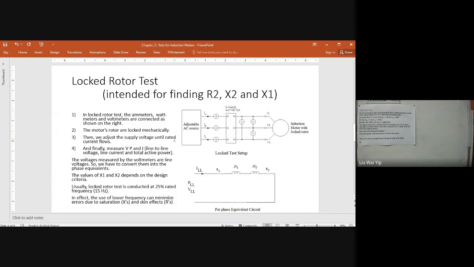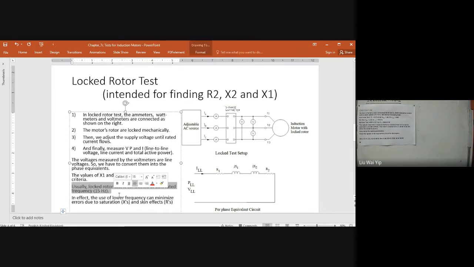If the line frequency is 60 hertz, 60 hertz is indeed too fast for us. So what we can do is lower it to somewhat 25% of the rated frequency. I have already highlighted here: the locked rotor test is conducted at 25% of the rated frequency normally.